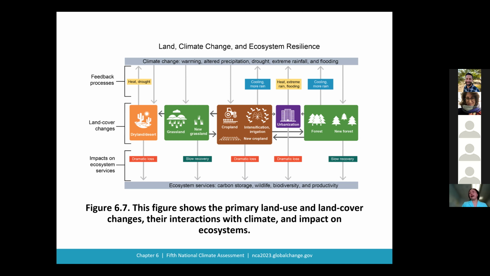And again, the conversion from grassland to dry land leads to a dramatic loss of the ecosystem service provided by the grassland. So that's the overall message or explanation for ORCAM 6.2.